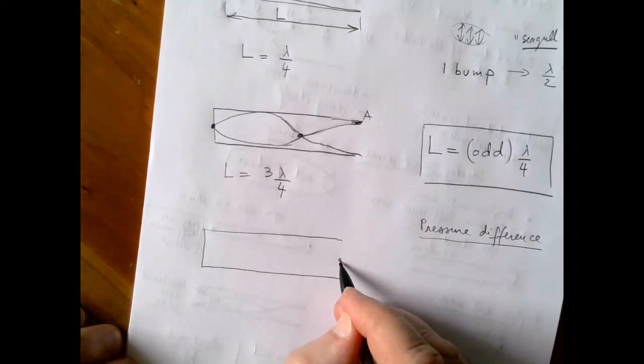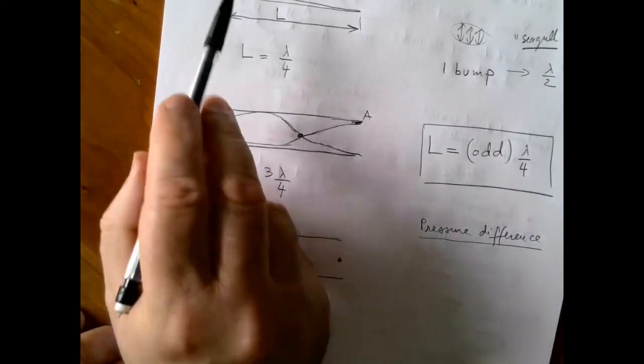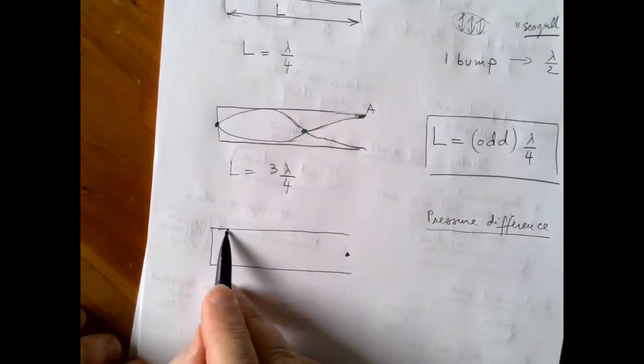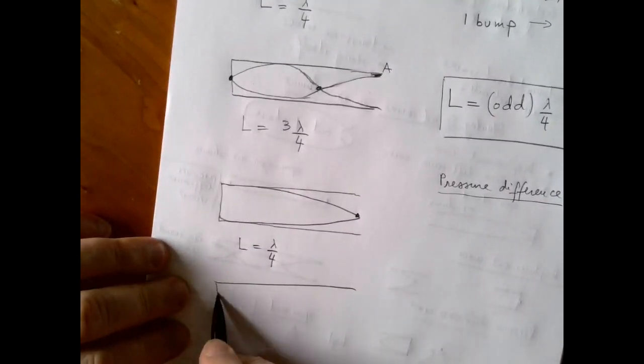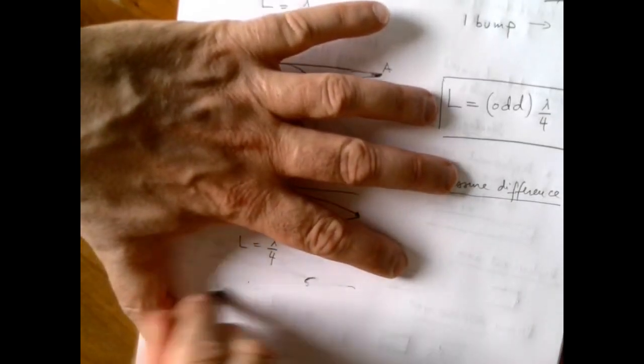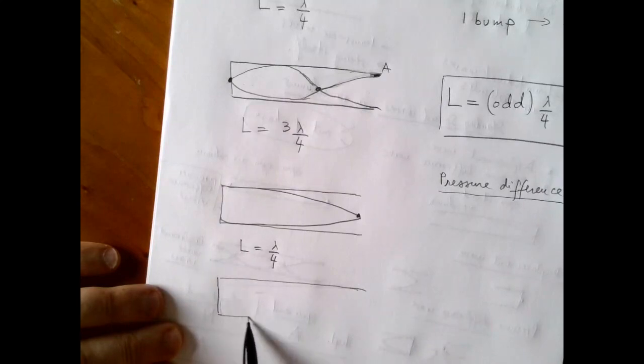So if I'm looking at the pressure difference, I must have a node here, and because I had a node here, I must have an antinode here, right? So the picture will look like this. Well, as far as I'm concerned, it's the same picture, but looking in the mirror, so L is still lambda over 4. And just for symmetry reasons, if I look at the next one, which should be absolutely no surprise, I'm going to get the same result.